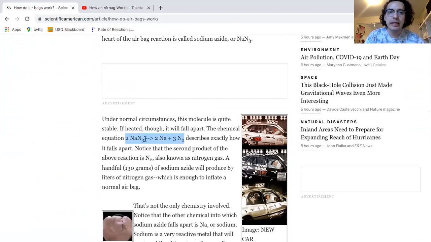There's sodium azide inside of a canister, and once a spark is triggered, it decomposes to sodium and nitrogen gas. The nitrogen gas is the one that inflates a normal size airbag. It would be 67 liters of nitrogen gas produced from 130 grams of sodium azide.